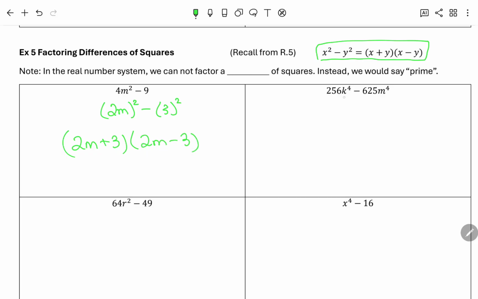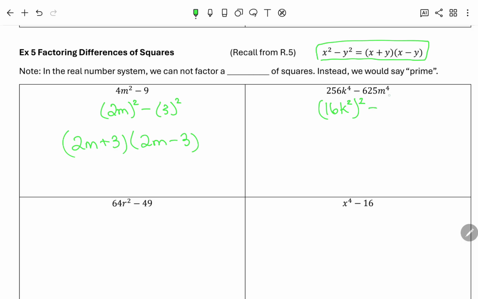This one is a little more complex looking because of bigger numbers, bigger exponents. We know that 256 is coming from 16. k to the fourth, we could say k squared. So notice if I take that quantity and square it, it's giving me this. Then we have another difference or subtraction.